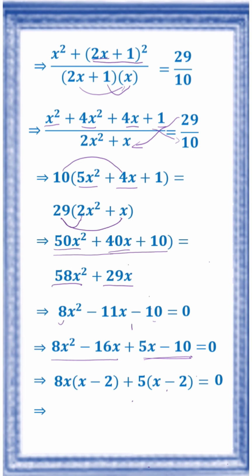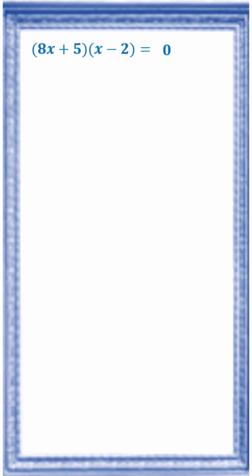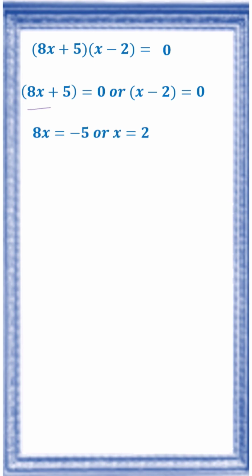So now the equation becomes 8x plus 5 into x minus 2 is equal to 0. Now 8x plus 5 is equal to 0 or x minus 2 is equal to 0. Here 8x is equal to negative of 5 or x is equal to 2. Here x is equal to negative of 5 by 8 or x is equal to 2.